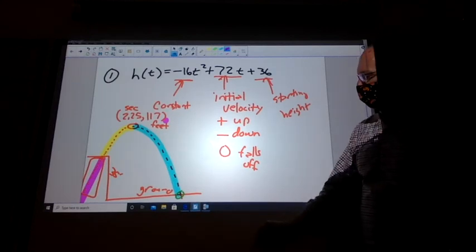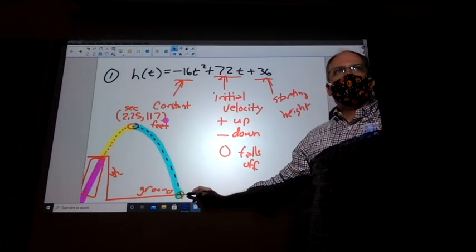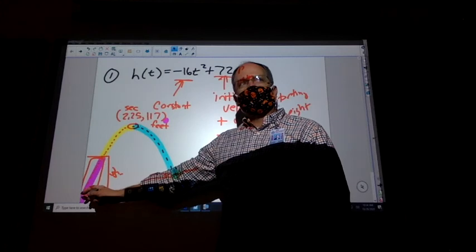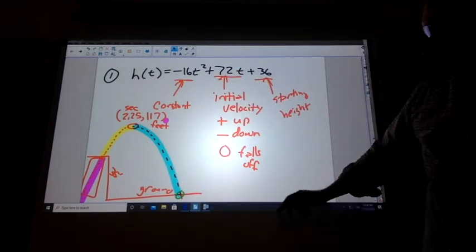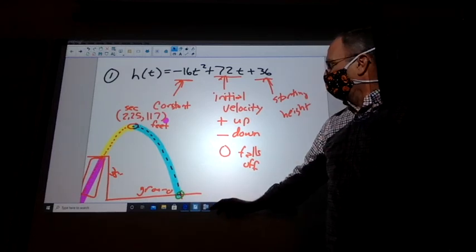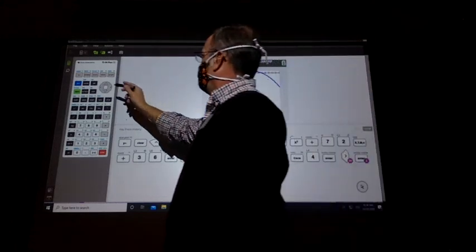So the next thing I want to find is where it crosses the x-axis. I'm not worried about where it crosses the x-axis over here because that's negative time. Okay? I'm worried about where it crosses the x-axis right here. So I'm going to go back into the calculator. I'm not worried about this. I'm going to actually change my window a little bit.